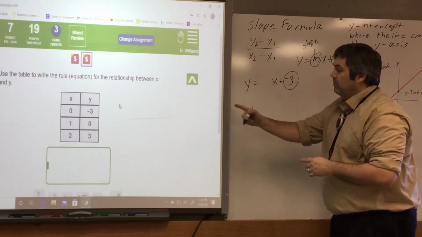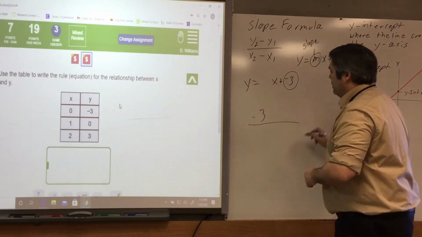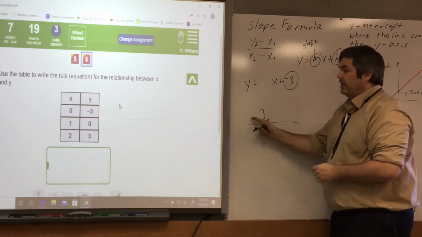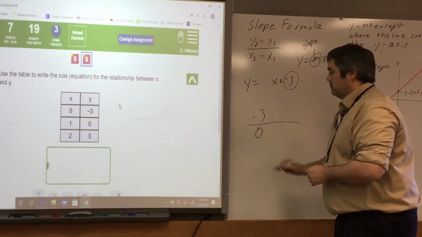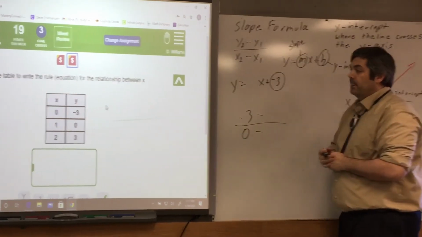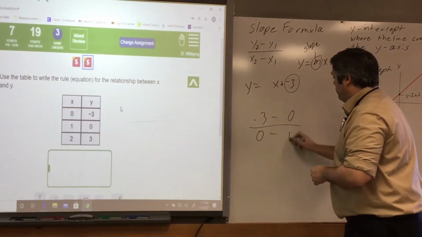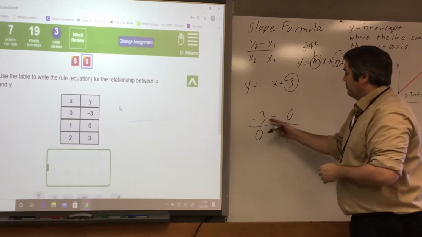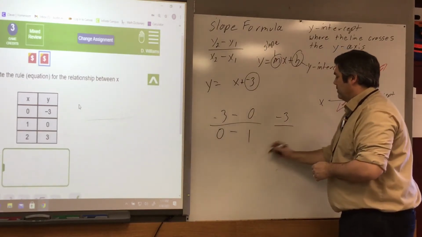So I have 0, -3, and 1, 0. The moment I place the first one, everything else falls into line. -3, underneath that -3 is the x that goes with it, 0. Minus, minus, because that's our formula. And now I'm going to use the other point, 1, 0. Well, -3 minus 0 gets me -3. 0 minus 1 gets me -1.